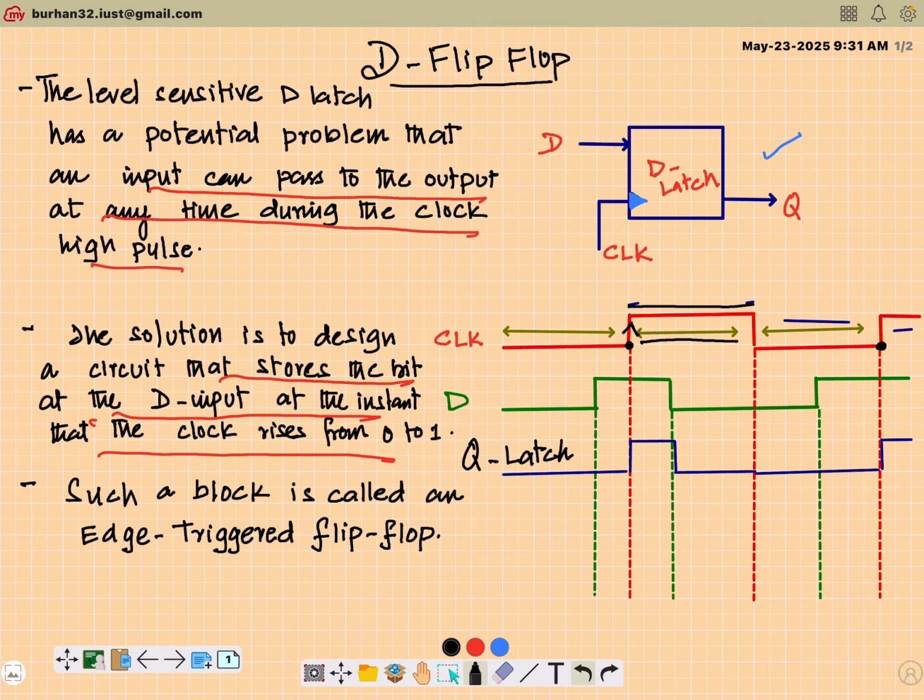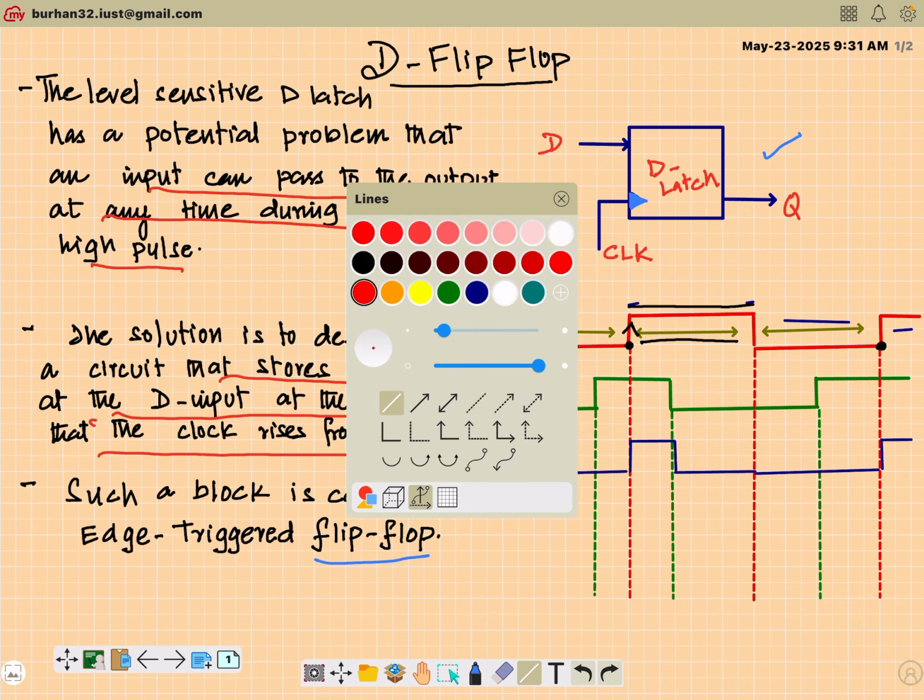Now first of all we will see how it changes the behavior of the circuit. For example, consider the same circuit, the same timing diagram that I have here. This was the output when it was a latch, but what will be the output if it is, and by the way that circuit is known as a flip-flop, if I can achieve something like this. So the output of a flip-flop will be something like this: it will react. I have a clock pulse, so it will be 0 up to this instant.